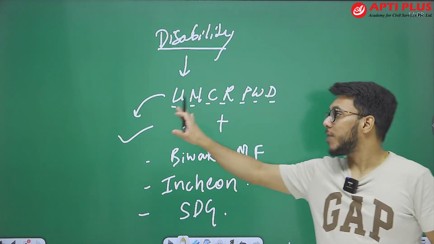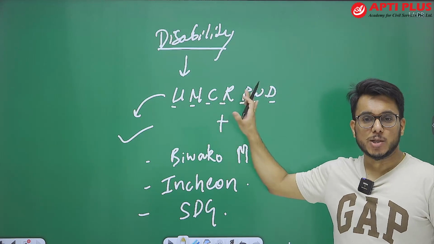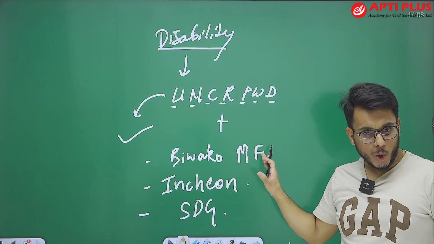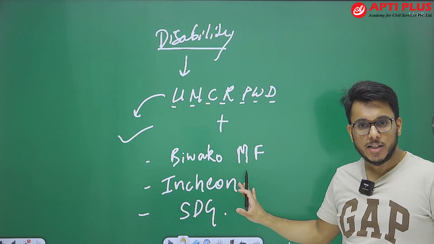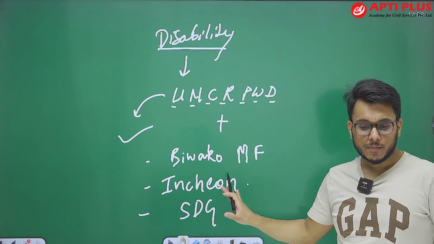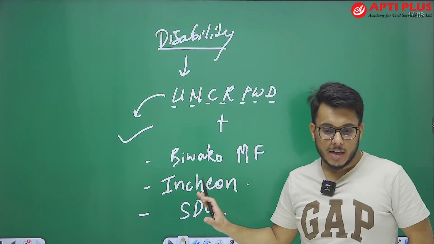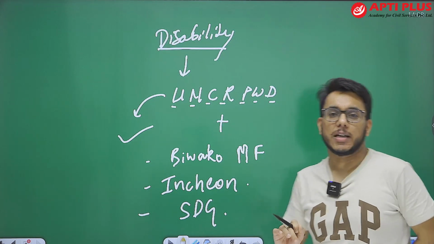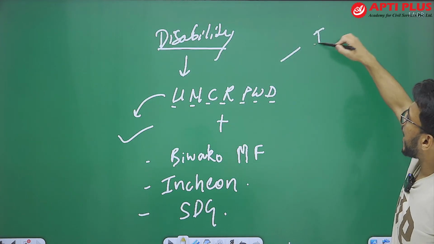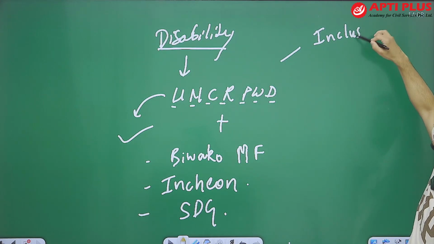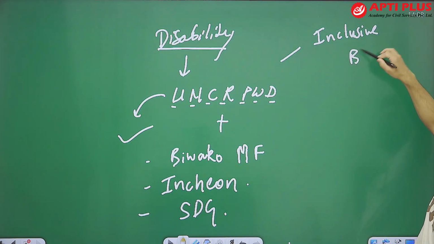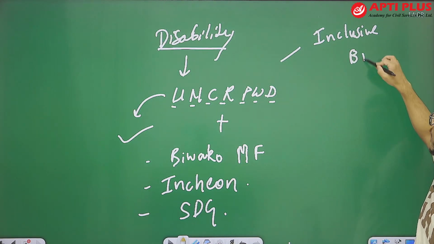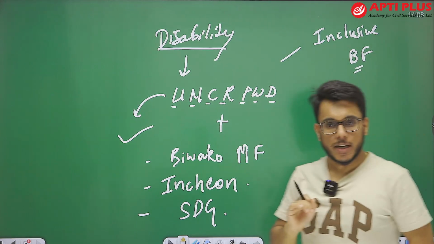So, the United Nations Convention on the Rights of Persons with Disabilities, the Biwako Millennium Framework, the Incheon Strategy, and the Sustainable Development Goals, all of them talk about creating an inclusive, barrier-free society.